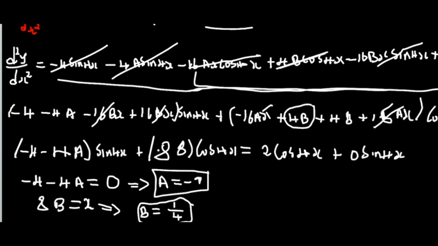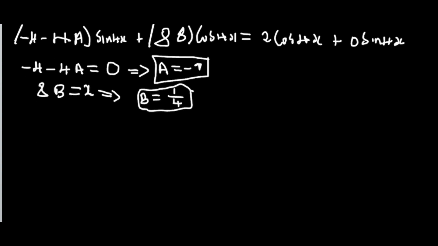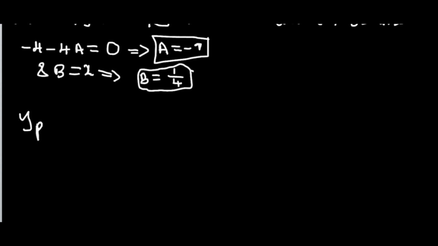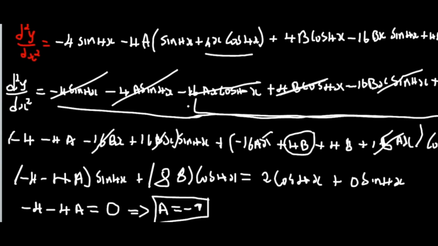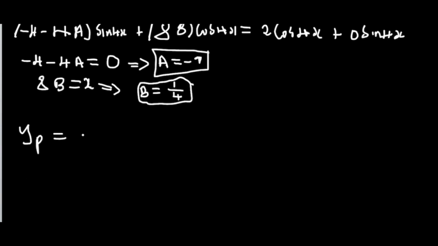So we go back to our particular solution and substitute. Our y particular was ax cos 4x plus bx sine 4x, so a is minus 1, giving minus x cos 4x, plus 1/4 x sine 4x.